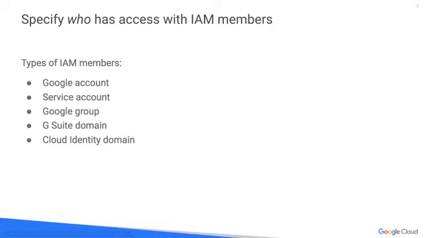Google Groups don't have login credentials, so you cannot use them to establish identity to make a request to access a resource. A G Suite domain represents a virtual group of all the members in an organization. G Suite customers can associate their email accounts with an internet domain name. When you do this, each email account takes the form username@yourdomain.com.